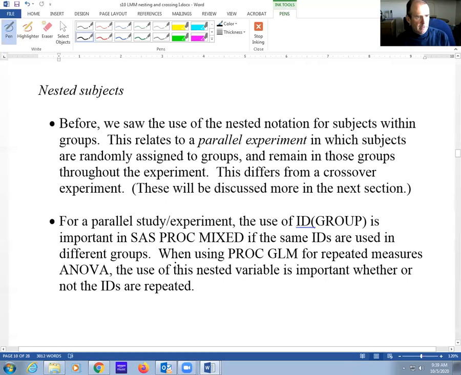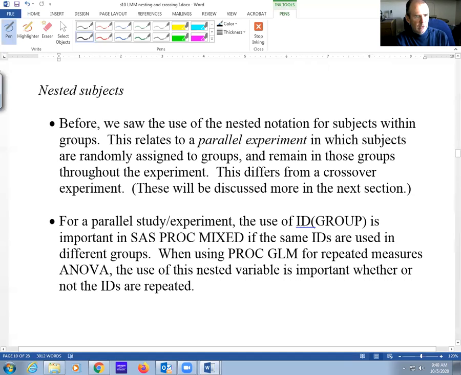I also make a comment here: this is typically not done. I would recommend that if you have a study or experiment, you have a unique ID, whether subjects are staying within treatments or not. It's just not good practice to repeat IDs for different subjects, even if they're nested within groups.